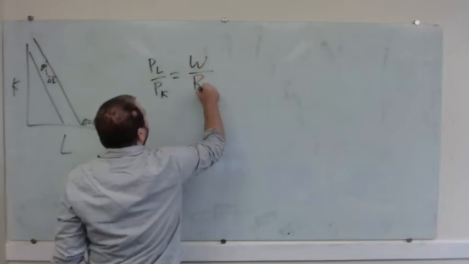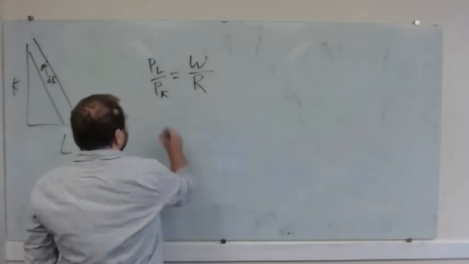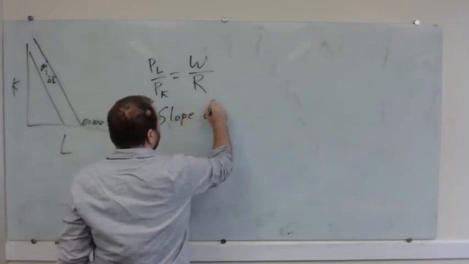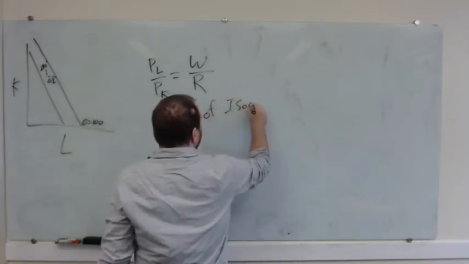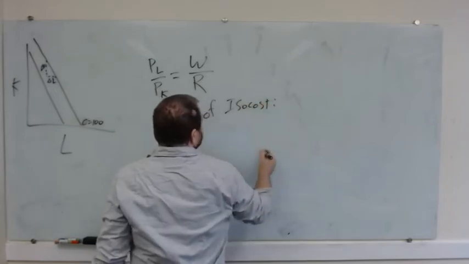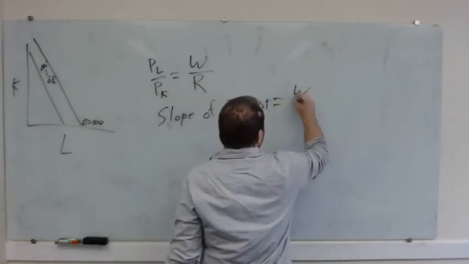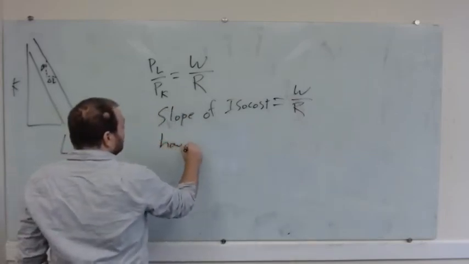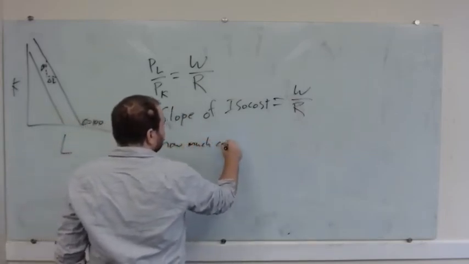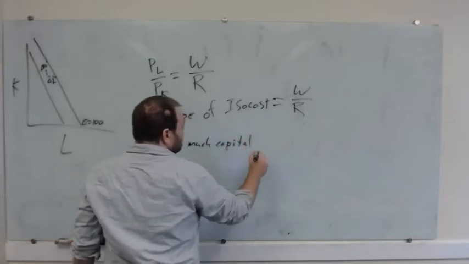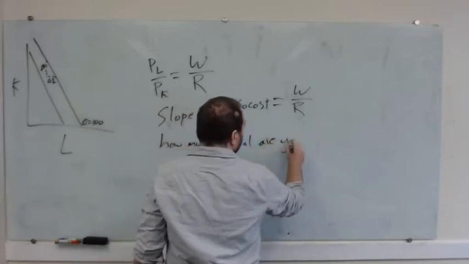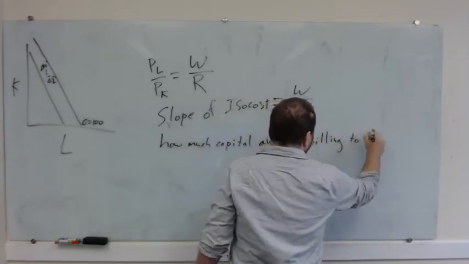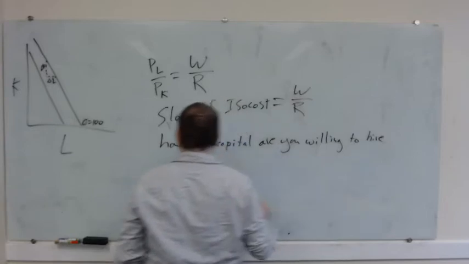Price of capital is R. So the slope of our isocost curve is just going to be equal to the wage rate over the rental rate. And it means how much capital you are willing to hire to fire a worker.